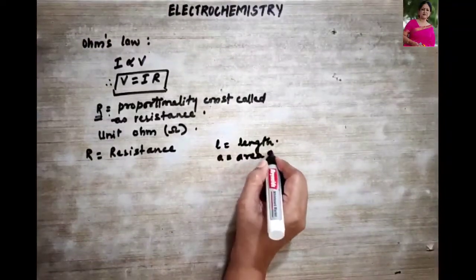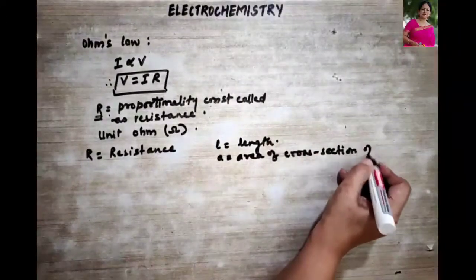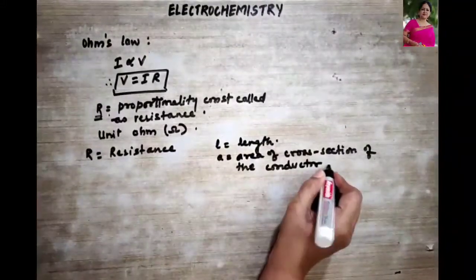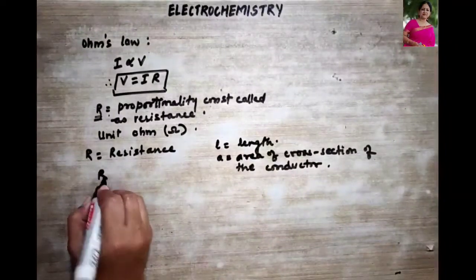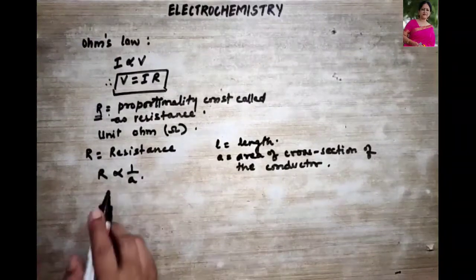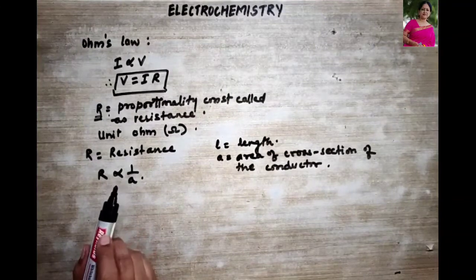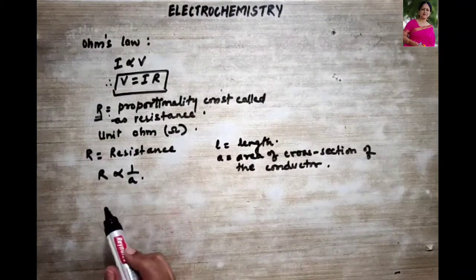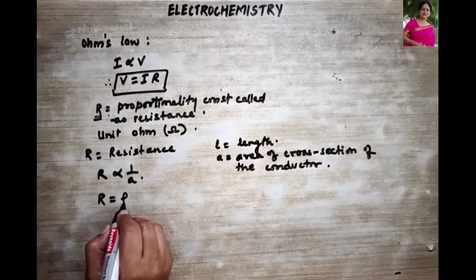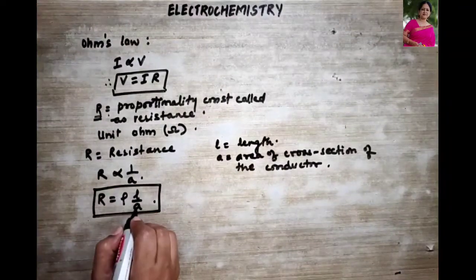So R is inversely proportional to A, and it is directly proportional to the length. So we can say that R is equal to rho L upon A.